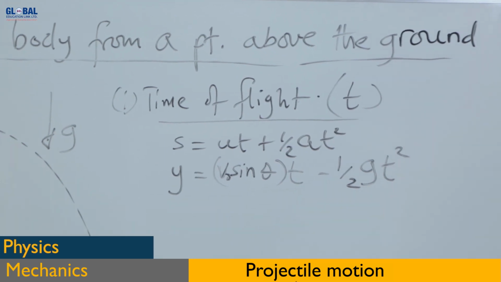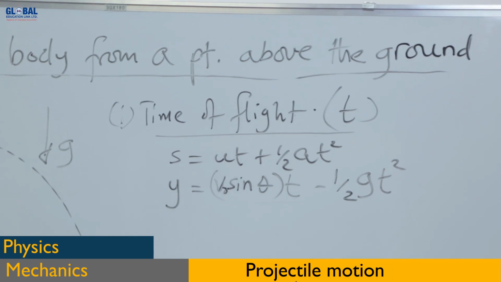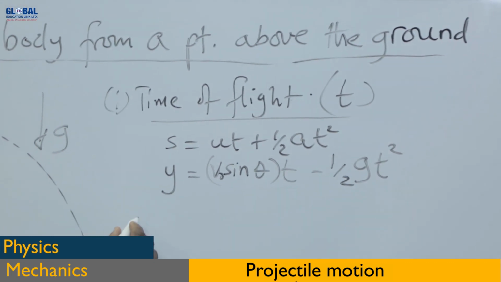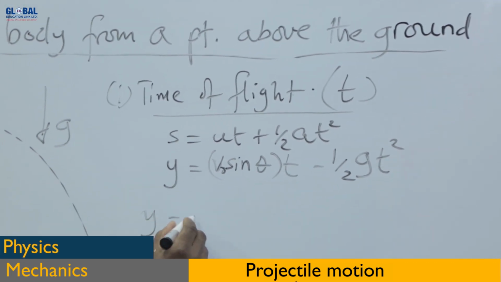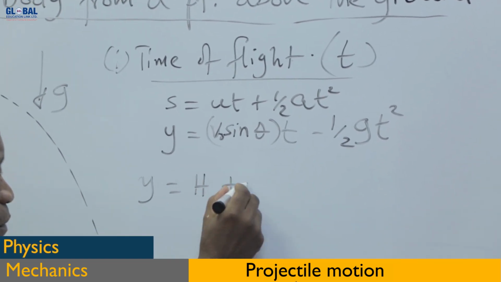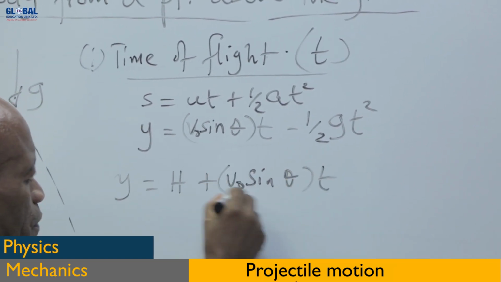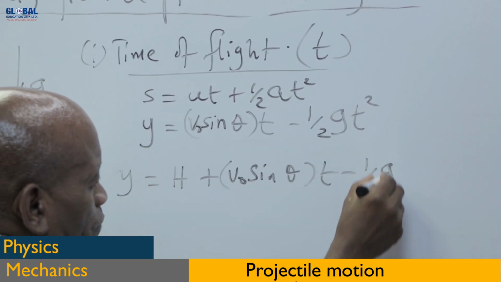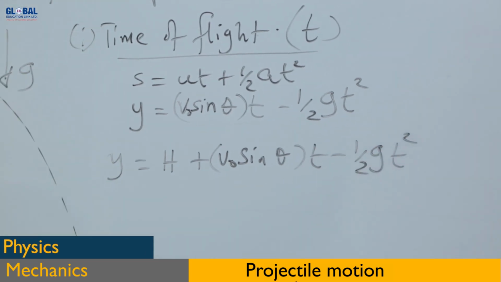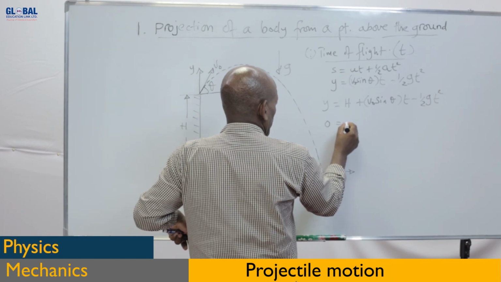Therefore, if we need to determine the time of flight, as long as it's projected from height h, our general equation will be y equals h plus v naught sine theta times t minus a half times g t squared. For this case, we take y to be equal to 0.